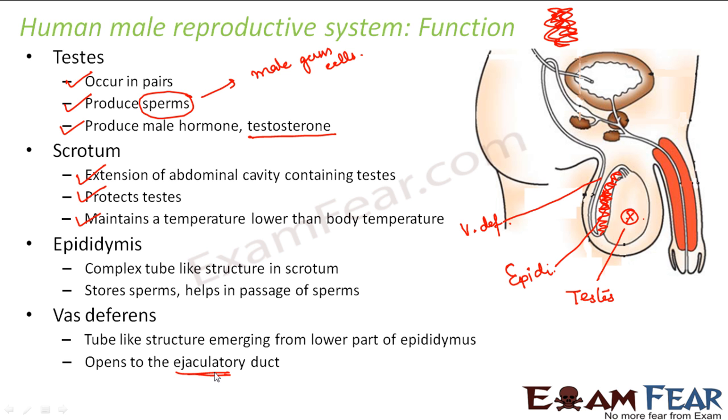So there is a duct known as the ejaculatory duct, and I will talk about it in detail. It is the tube which keeps on going and connects with the urethra, and the urethra opens to the outside. So the vas deferens is the tube which carries the sperm from the testis to the outside.